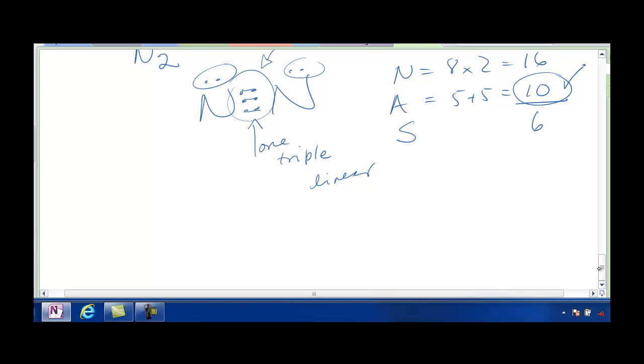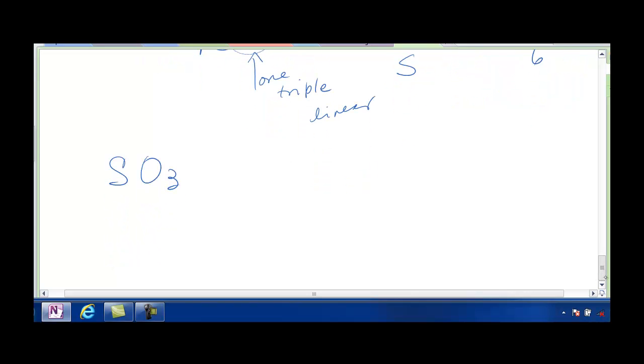We haven't done any ions yet, not done any funky ones. What's this fellow's name? SO3? Okay, so I'm going to do sulfur trioxide. As opposed to this guy.